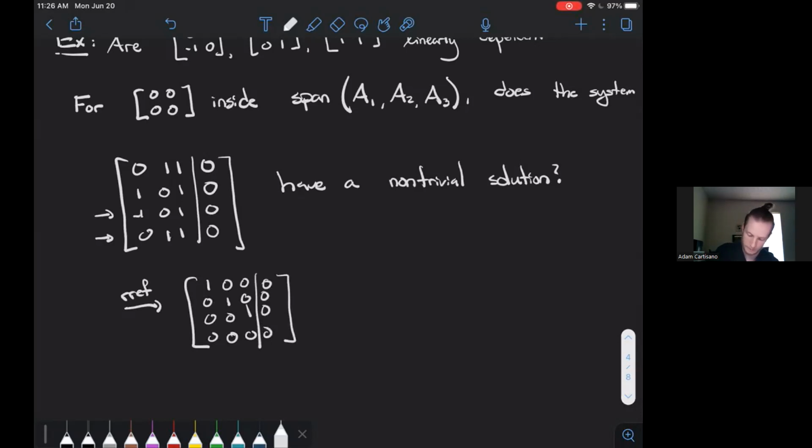No free variables. Meaning that the only solution is the trivial solution.